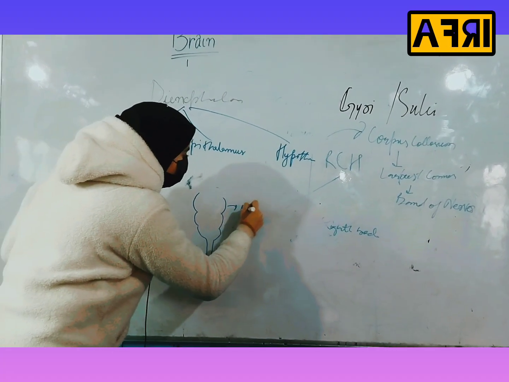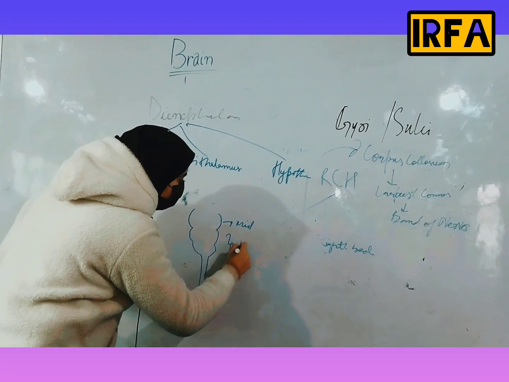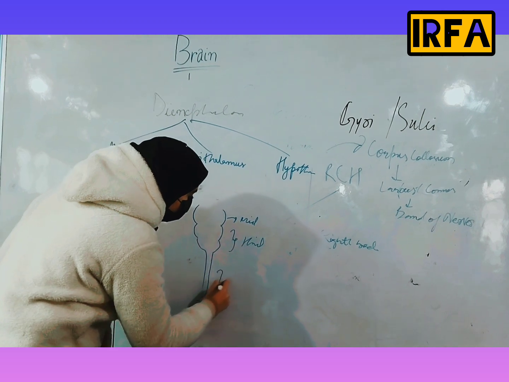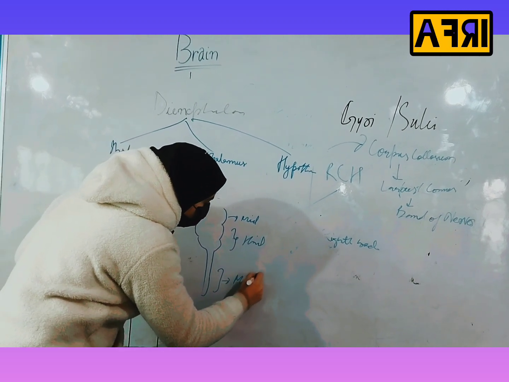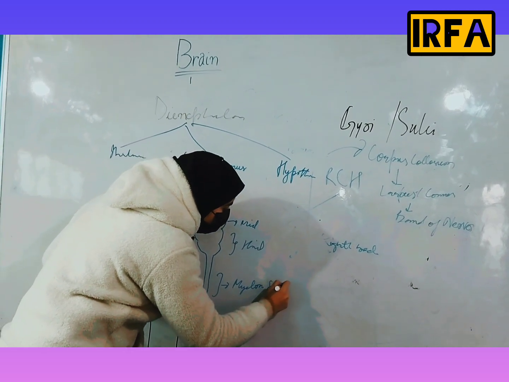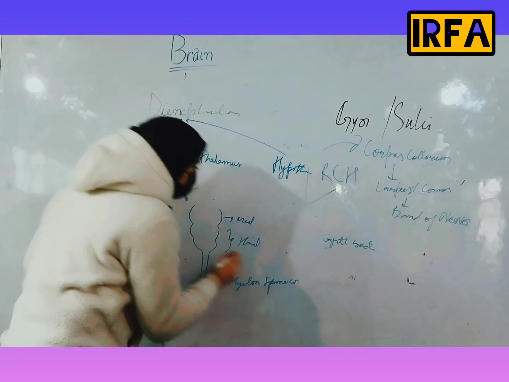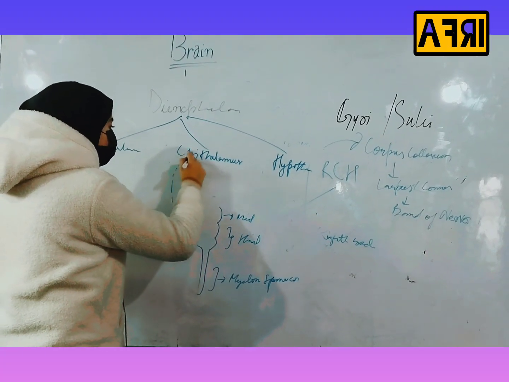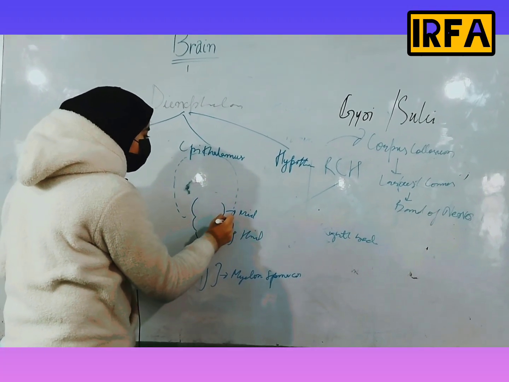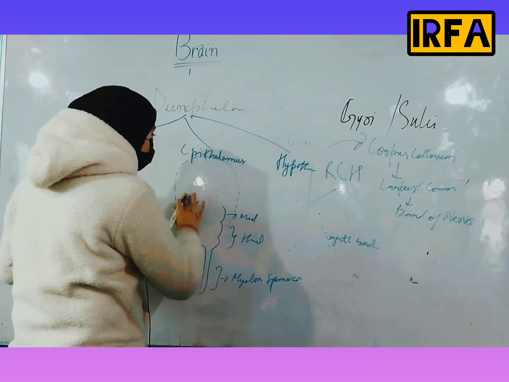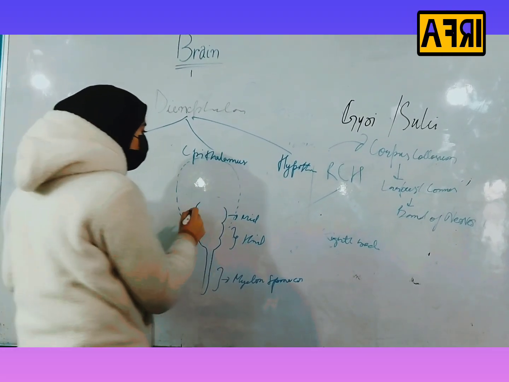If this is the midbrain, then this is the hindbrain, and this is the medulla, or we can say spinal cord. Now here, this is diencephalon.